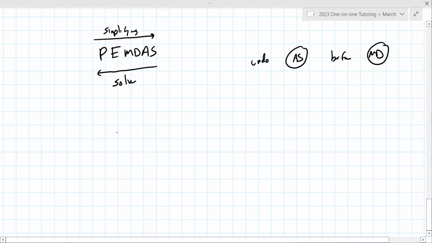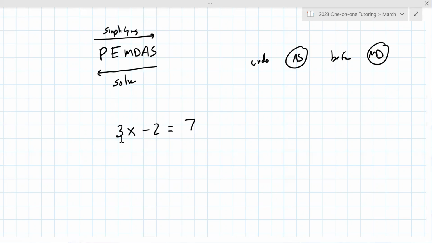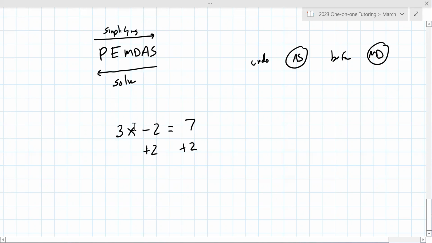So if I give you 3x minus 2 equals 7, you're going to undo subtraction by 2 before multiplication by 3. So would it be plus 2 on the 3x equals 7, or would it be plus 2 on the minus 2? So yeah, you write it underneath. You write it underneath because you're effectively undoing it.